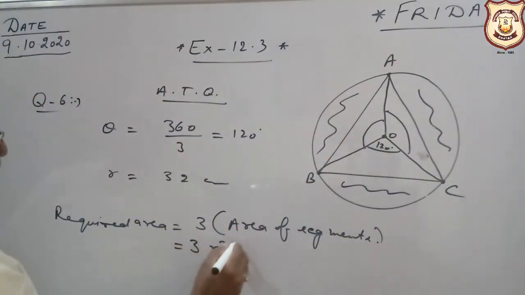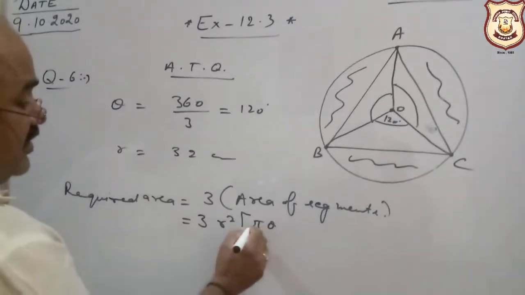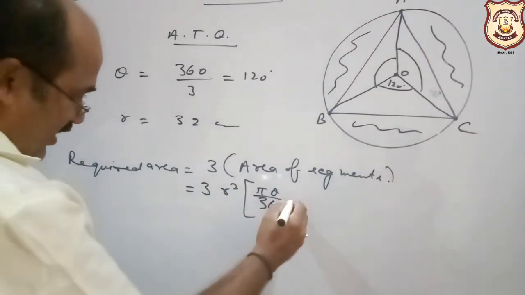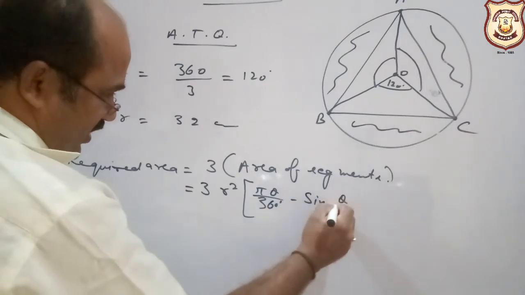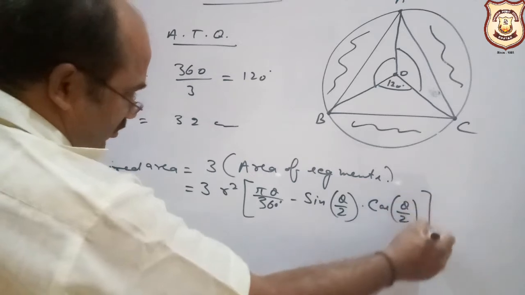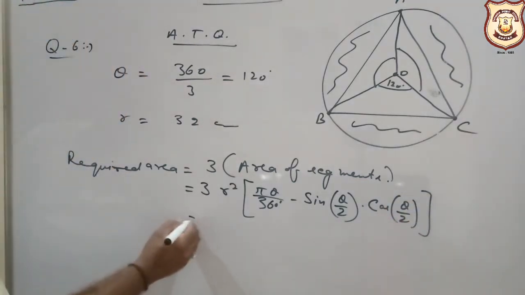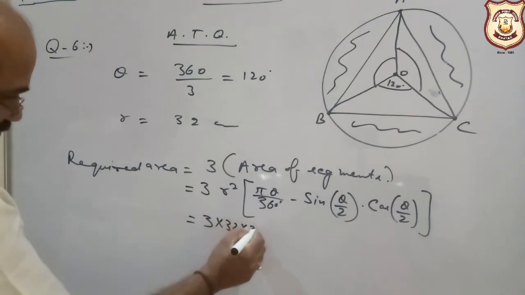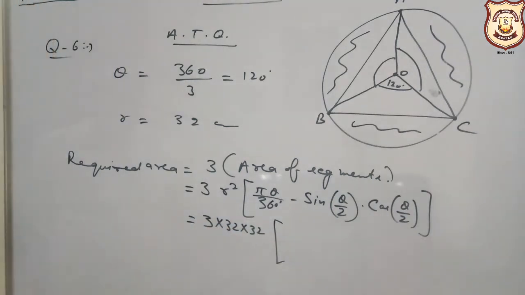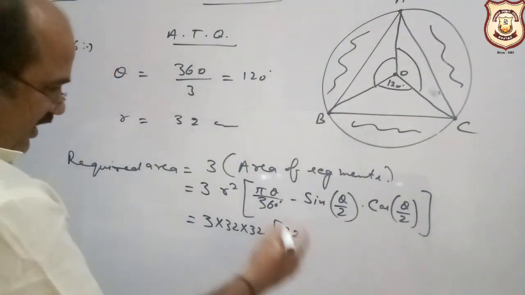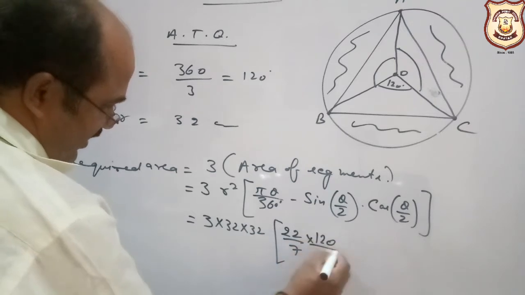That is 3 r square, pi theta by 360 degree minus sin theta by 2 into cos theta by 2. So 3 into 32 into 32. Pi value is not given, take 22 by 7. Theta is 120, so 120 by 360.